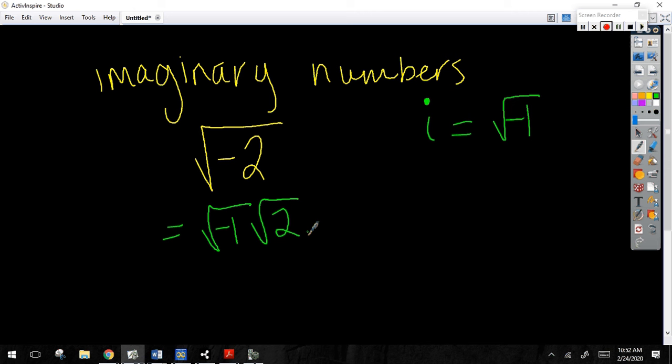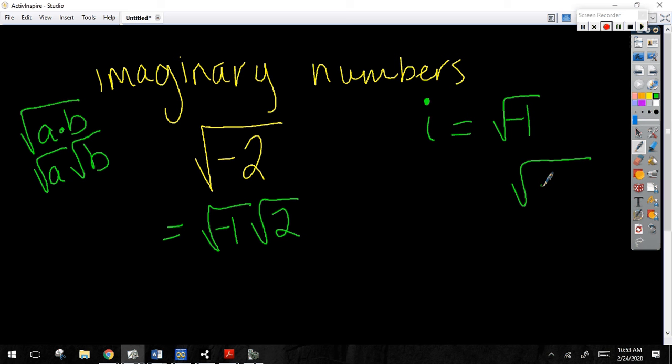Yes, because I can break them apart that way, right? We know that that little property of radicals, this is the same thing as this, right? Come on, guys. We have simplified radicals where if we had the square root of 50, we could say that's the same thing as 25 and 2, which is 5 square root of 2, right?